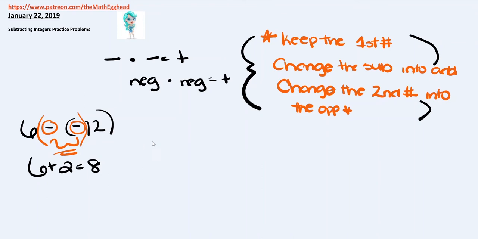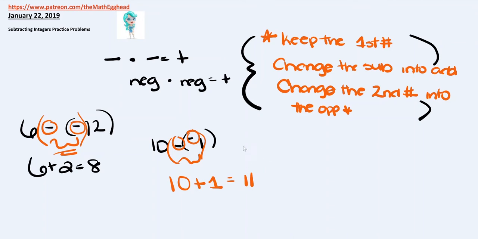Let's do another problem. Let's say we had 10 minus negative 1. Okay, well, I see that it's a subtraction. It's two negative signs. I want to make a face. Okay, so then that becomes 10 plus 1, which is 11. Okay, let's try another one.